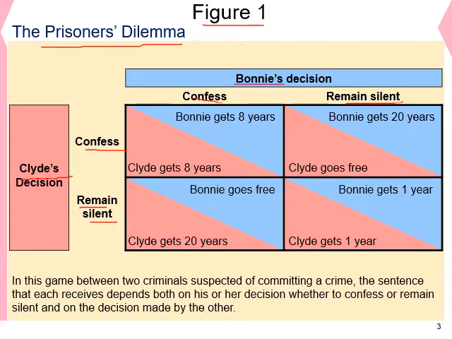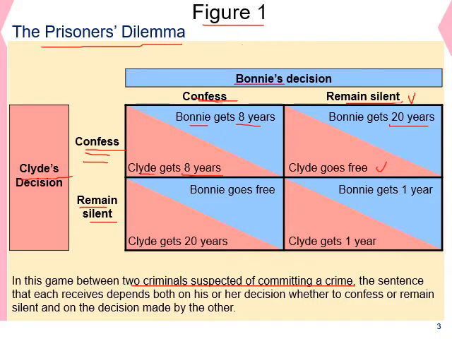In this game between two criminals suspected of committing a crime, if both decide to confess, Bonnie and Clyde will each receive 8 years of prison time. However, if Bonnie decides to remain silent and Clyde confesses, Clyde will go free and Bonnie will get 20 years of prison time.